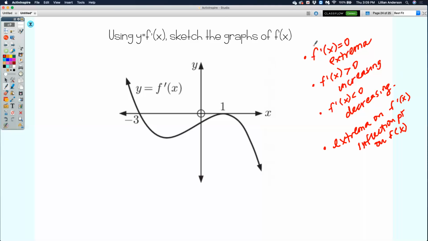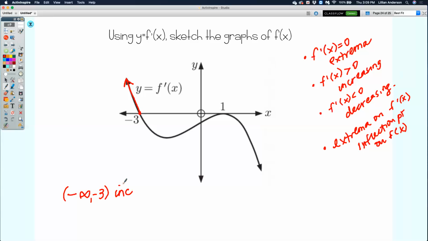So as we can see on the first derivative, we are above the x-axis from negative infinity to negative 3. If we're above the x-axis, that means we're positive. So that means from negative infinity to negative 3, the function is increasing.